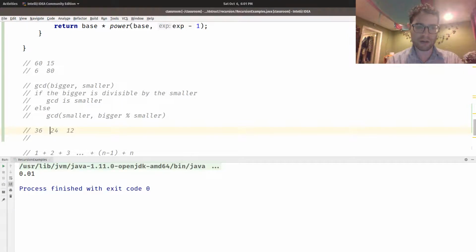So this doesn't cleanly divide this, so we have to mod these two together, which yields 12. Now calculate the GCD of the smaller and the bigger mod the smaller. So 24 is the smaller, and the bigger mod smaller was 12. So 24 mod 12, sorry, 24 is divisible by 12. So hurrah, we are done with that example too.